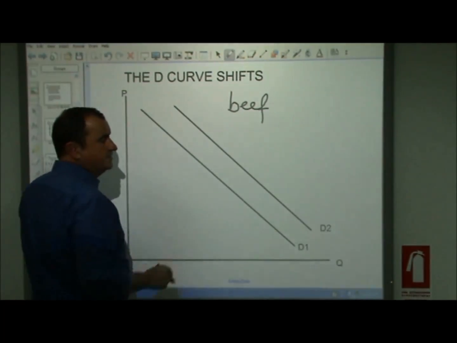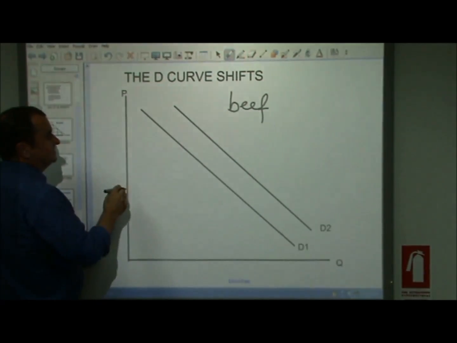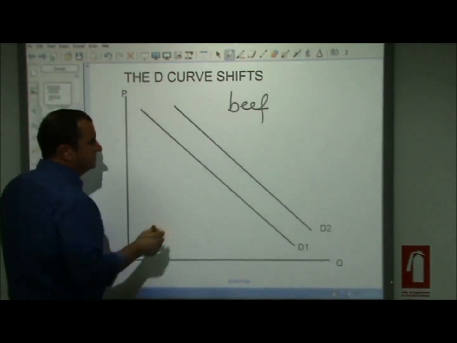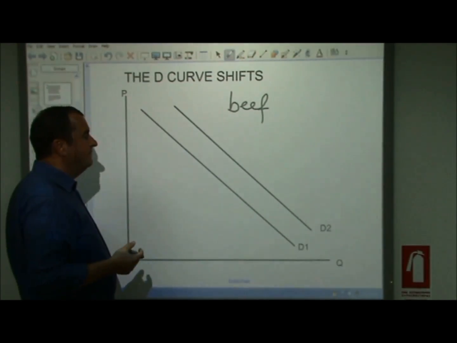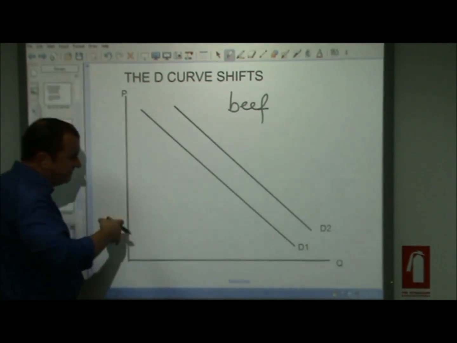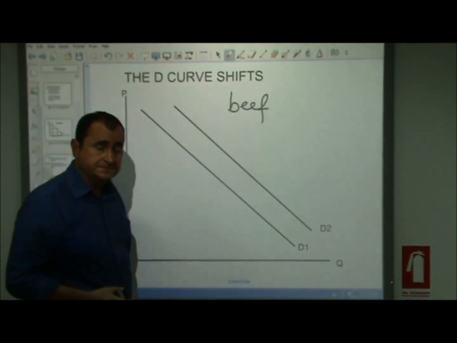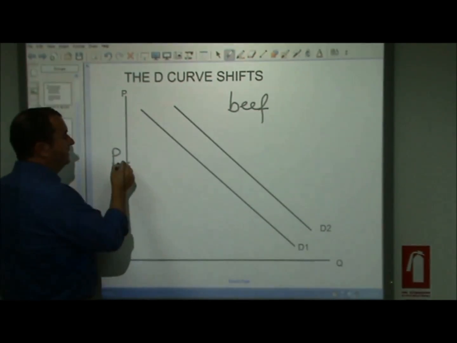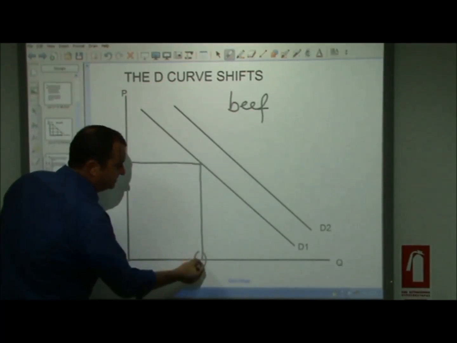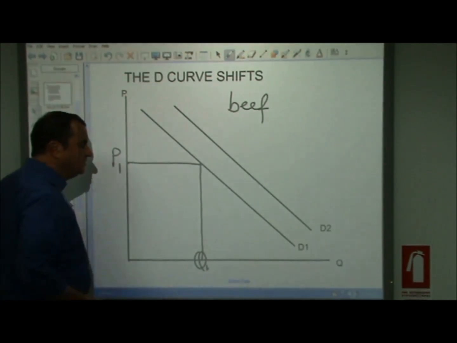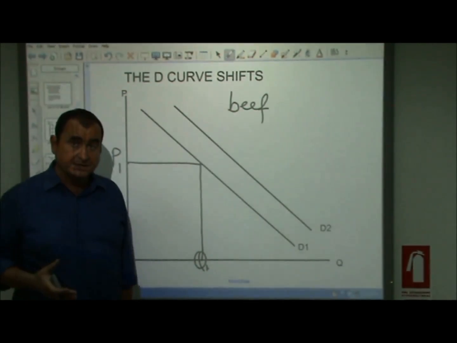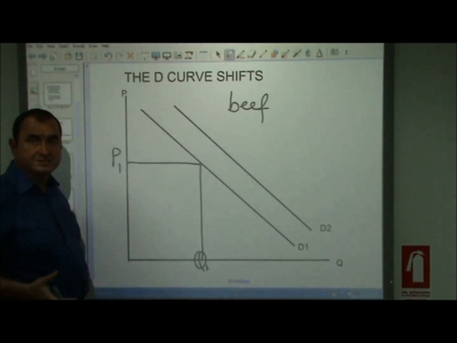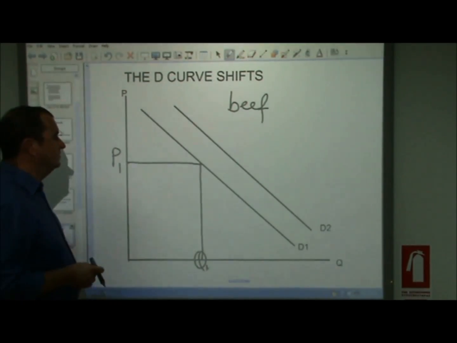And look at demand curve 1. All the points on demand curve 1 are telling us about various prices of beef, how much beef would be demanded. For example, this price here, let's call it P1. At price P1, we can read off initially quantity Q1 of beef was being demanded. But that does not have to remain so.